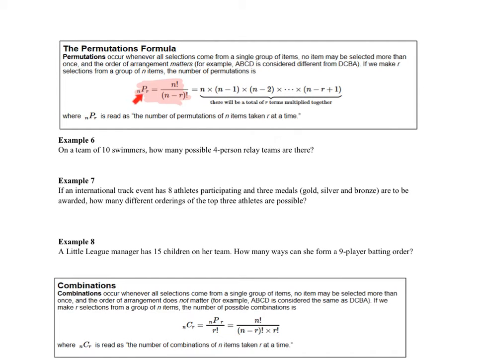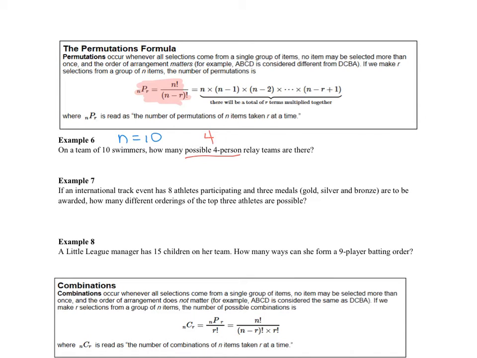And what that means is, n stands for the number of items you have total. r is the number of things you want to order. Our n is we have a total of 10 swimmers. We want to permutate them into groups of 4.